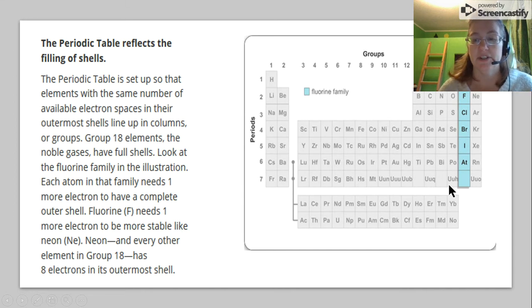Same with oxygen. How many more does oxygen need to be stable? Well, it's 2 away from the stable column, so it needs 2 more. So you've got to be careful. What thing am I asking? Am I asking how many electrons are in the outer shell, or how many more does it need to be stable? Those are 2 things we're concerned with. How many does it have? How many more does it need?